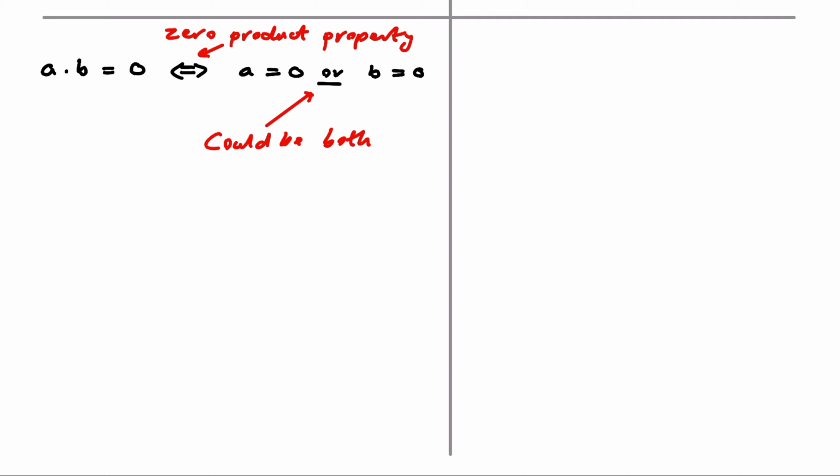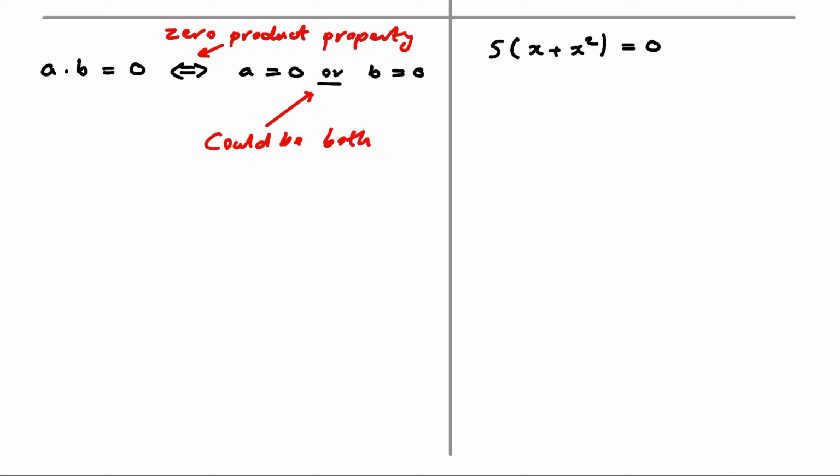So let me show you a classic way that it turns up. So if we have, let's say, an equality like this, 5 times x plus x squared is equal to 0. Okay, so that's a product of two things. It's a product of 5 and this expression x plus x squared.